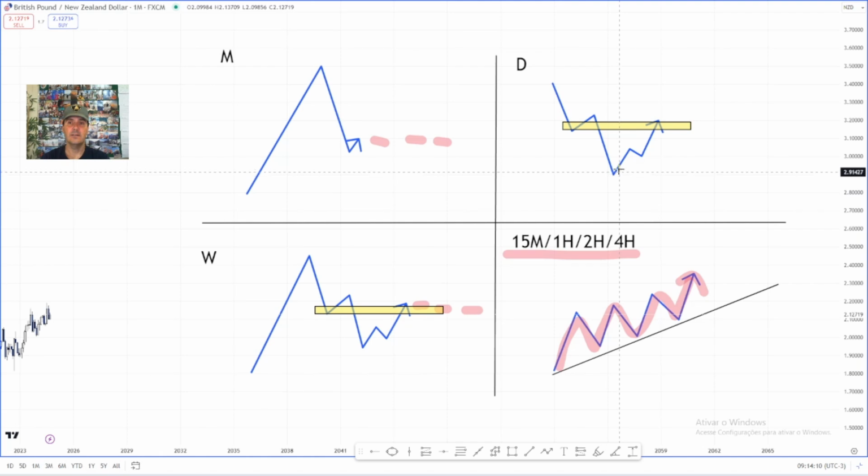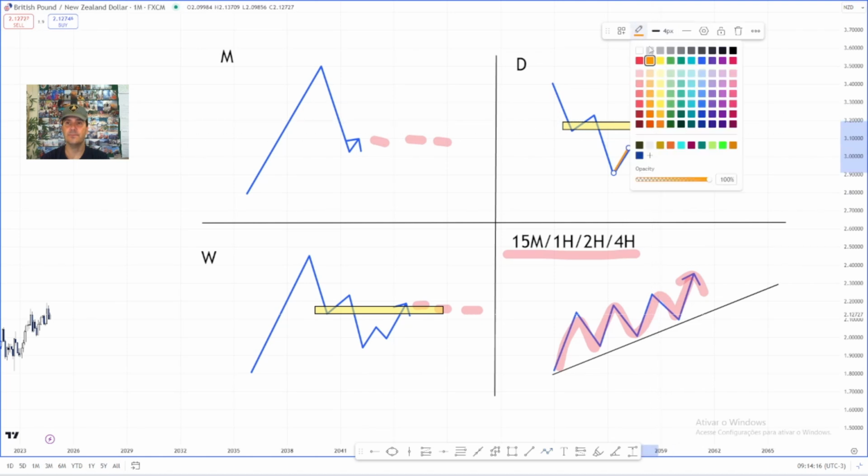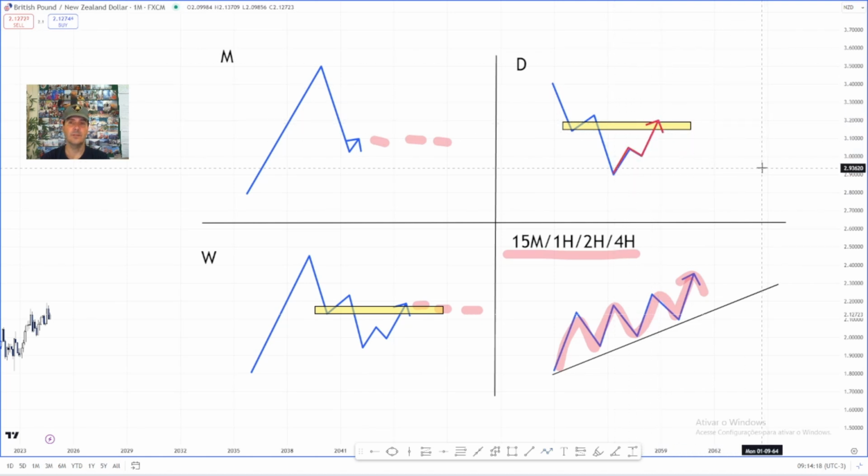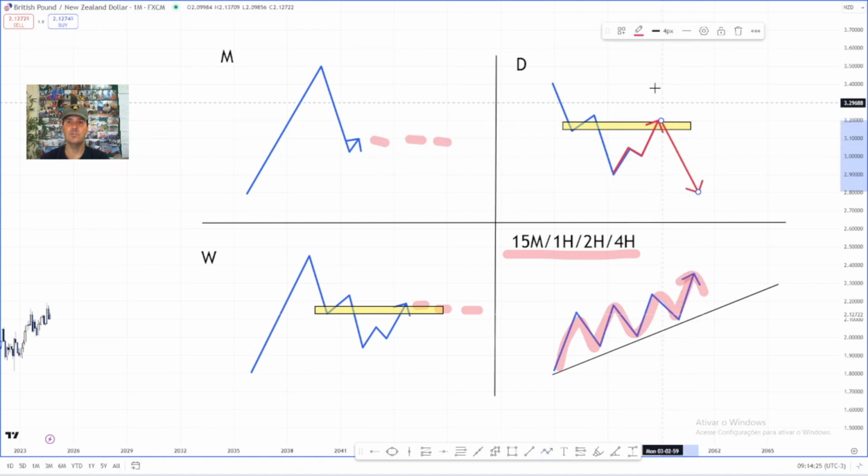And let me do this differently, so let's color code this in red. Okay, so this market 7 times out of 10 is going to push further down.